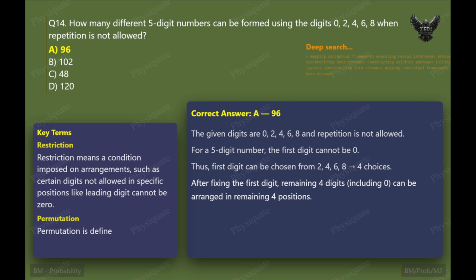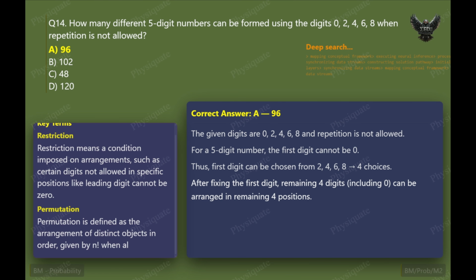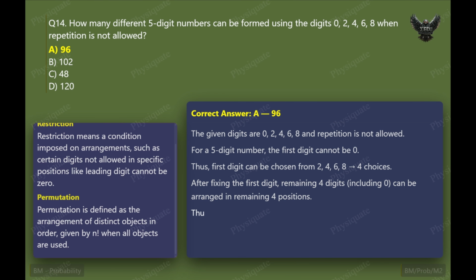Permutation is defined as the arrangement of distinct objects in order, given by n factorial when all objects are used. Thus, remaining arrangements equals 4 factorial equals 24. Total numbers equals 4 times 4 factorial equals 4 times 24 equals 96. Hence, the correct answer is 96.